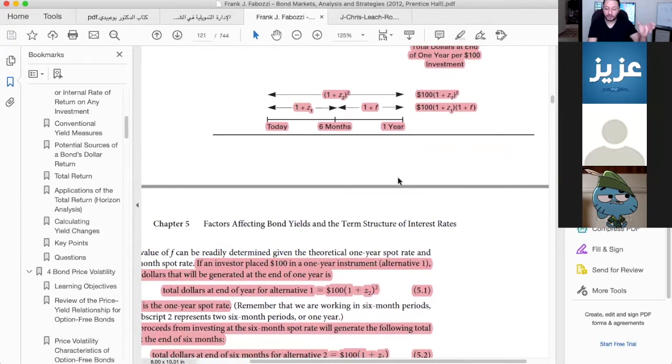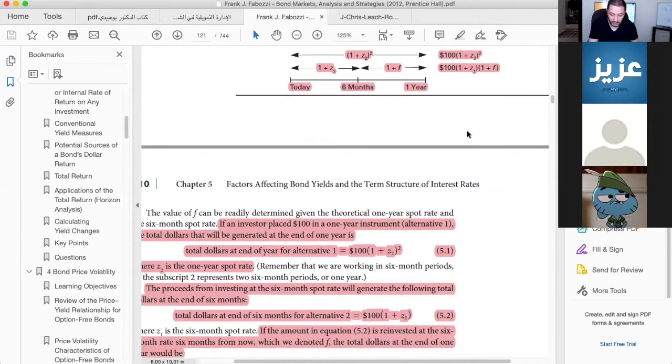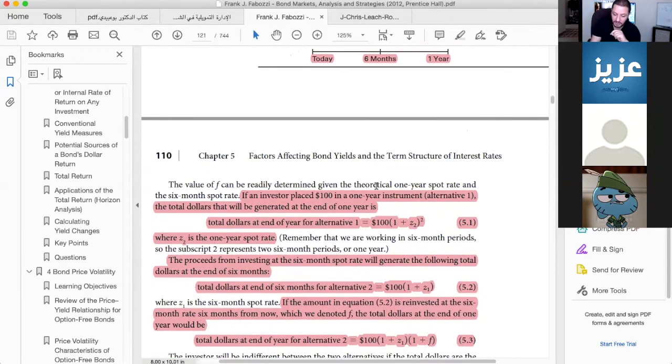Since we already know what would be the Z2 and the Z1, it becomes easier to find the forward rate after 6 months. So if an investor placed $100 in a 1 year instrument for the alternative one, the total dollars that will be generated at the end of 1 year is 100 times 1 plus Z2 power 2.